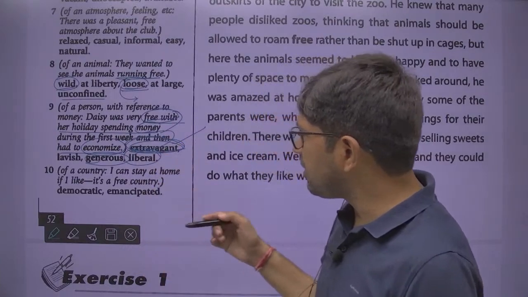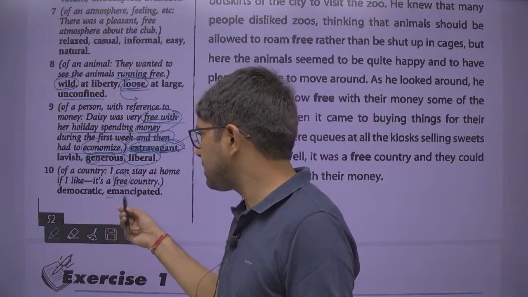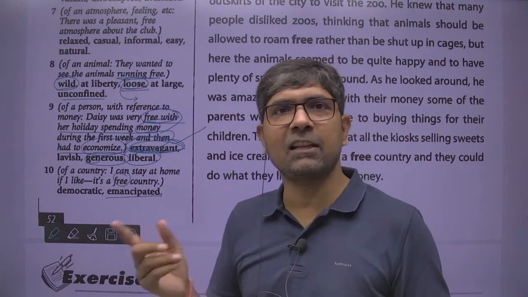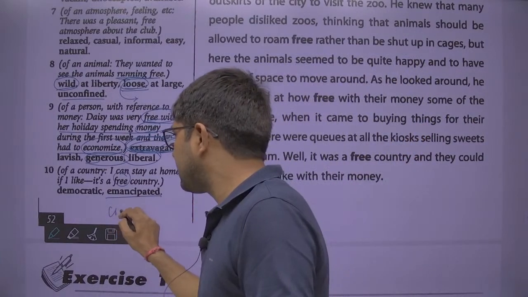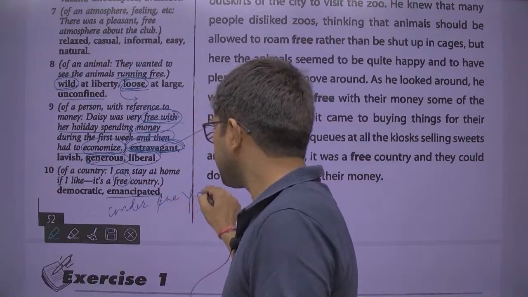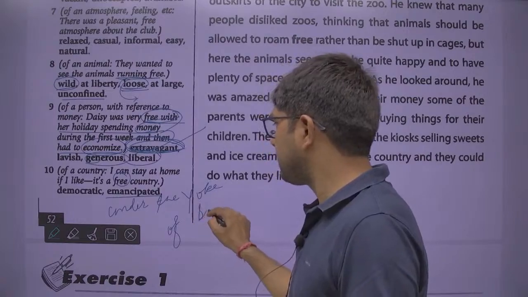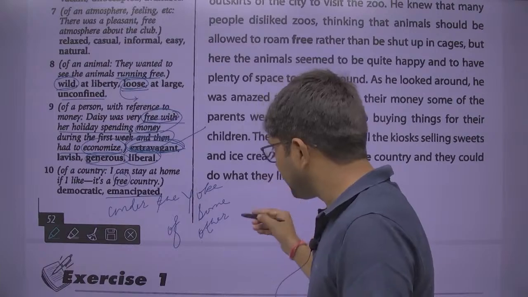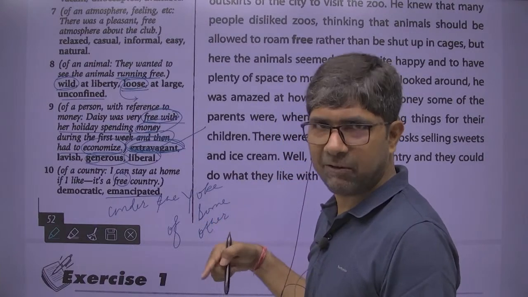Then if a country is free, it means it is emancipated, it is not colonized, it is not under the yoke of some other power. Yoke is the burden. If it is under the yoke of some other power, like before freedom, India was a slave.